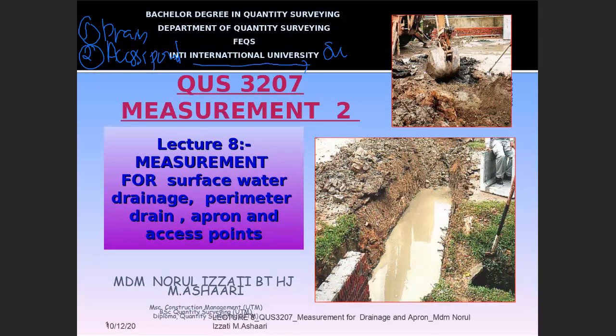You may see this at the parking area or at the corner of your perimeter drain. Where does the word perimeter drain come from? Perimeter drain refers to the drain at the perimeter of the building. This is your building, so perimeter means one, two, three, four sides, around the perimeter of the building. So perimeter drain is under surface water drainage.